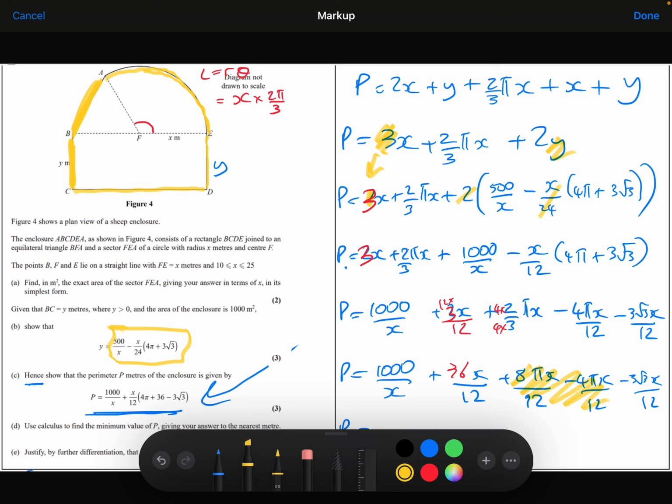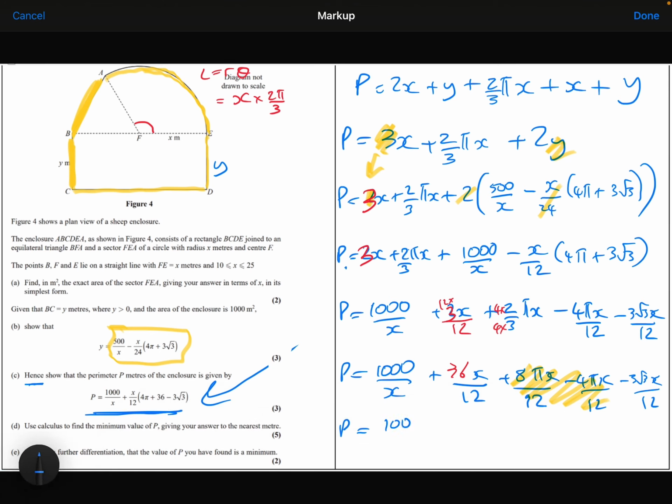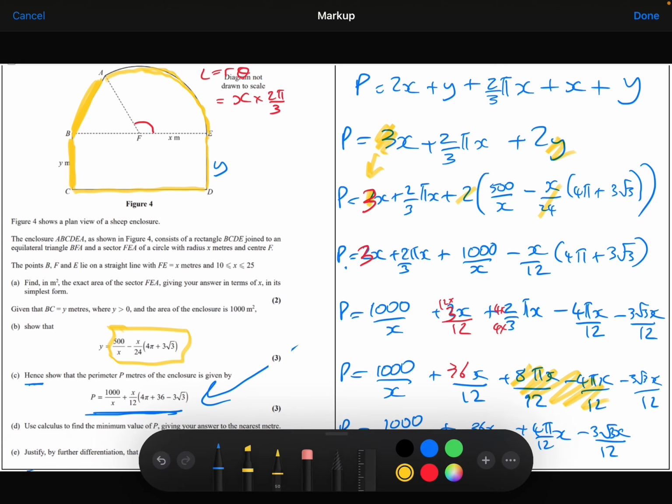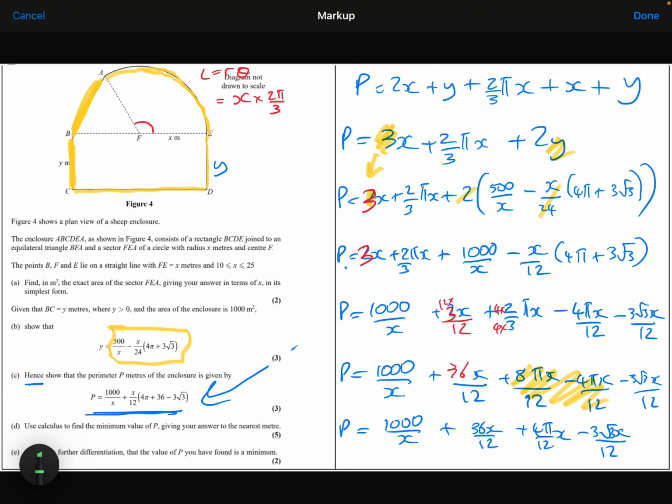So we can now, these are like terms. 8 pi x over 12 minus 4 pi x over 12 is 4 pi x over 12. Now, last step, we can see we've got an x over 12 here, an x over 12 here, and an x over 12 here.